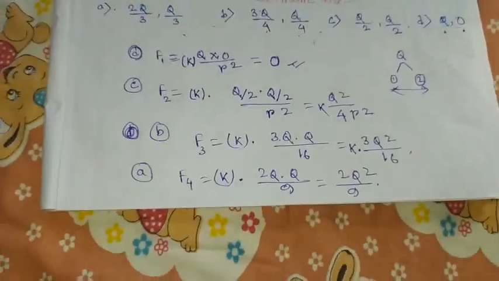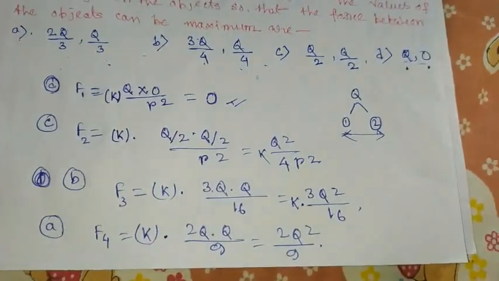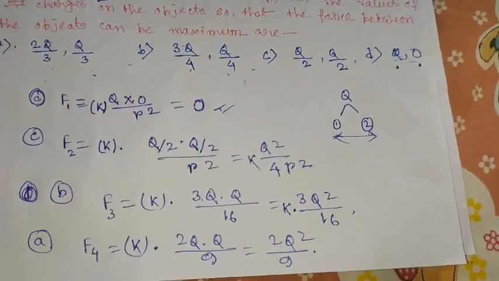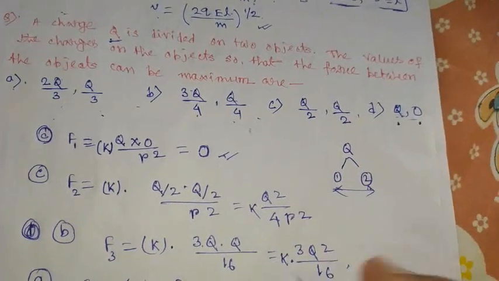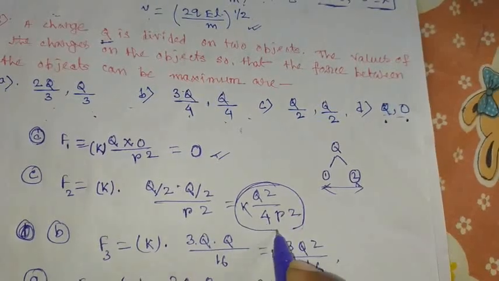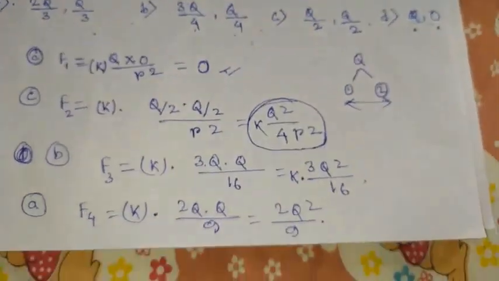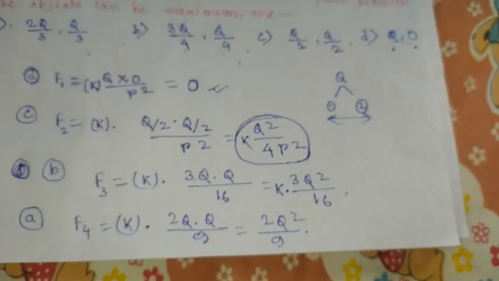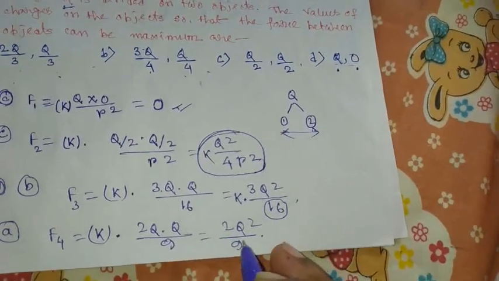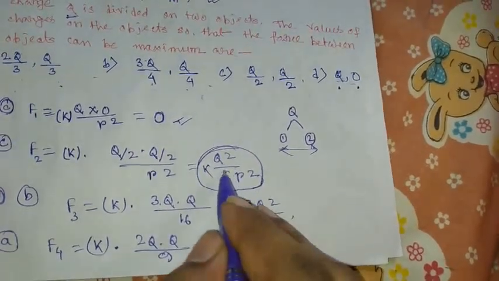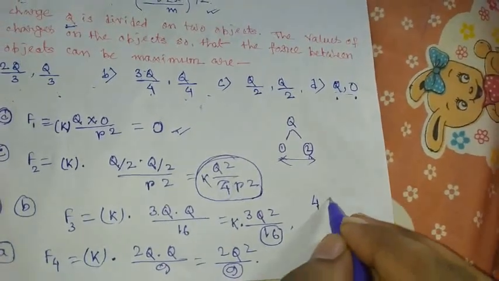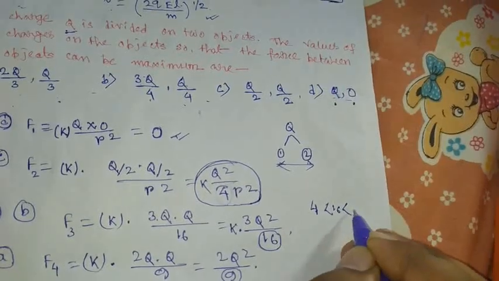Now from F2, F3 and F4 you can see easily that the value of F2 is greatest among all, because here the denominator is 16, here the denominator is 9, and here the denominator is 4, and definitely 4 is smaller than the other two values.